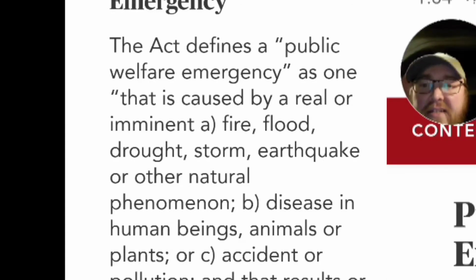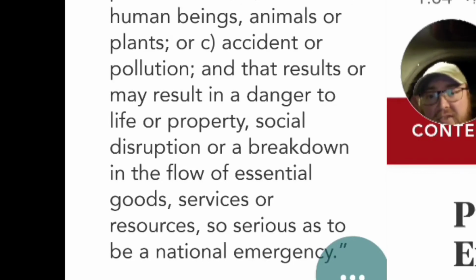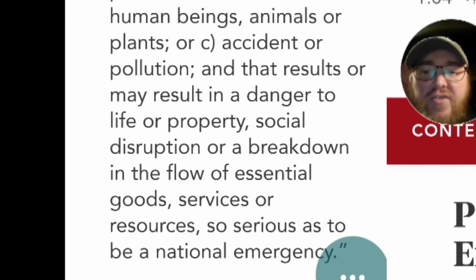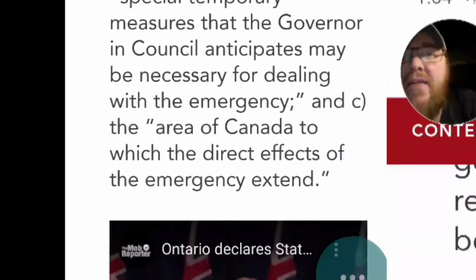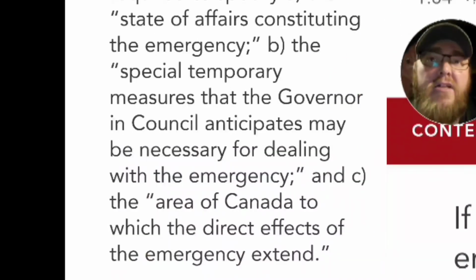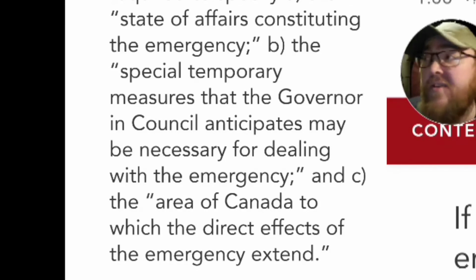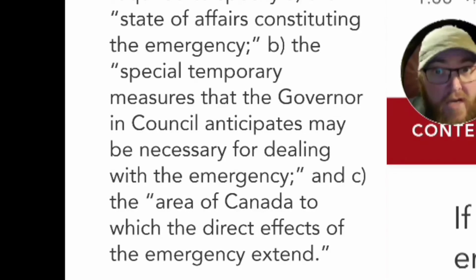C would be accident or pollution, and that results or may result in a danger to life or property, social disruption, or a breakdown in the flow of essential goods, services, or resources so serious as to be a national emergency. So they would say we have COVID, and they are going to ignore the part that they caused the problem by not shutting down transportation and enacting quarantines at the border crossings and ports of entry. They're going to ignore all of that and say, oh, it's just a disease out of nowhere. So the government needs to solve the problem, even though they've caused the problem.